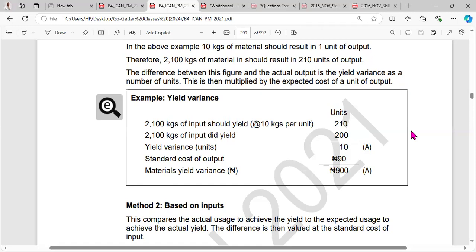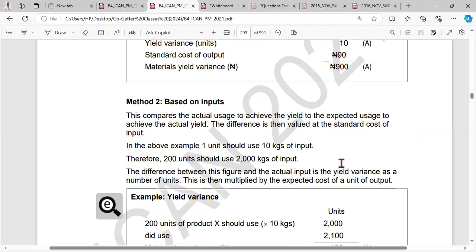So what is the standard unit that should come out from 2,100? It should be 210. But how many did come out? 200. That's where we look at the variance. Now the variance is 10 units. Now cost per unit is 90.